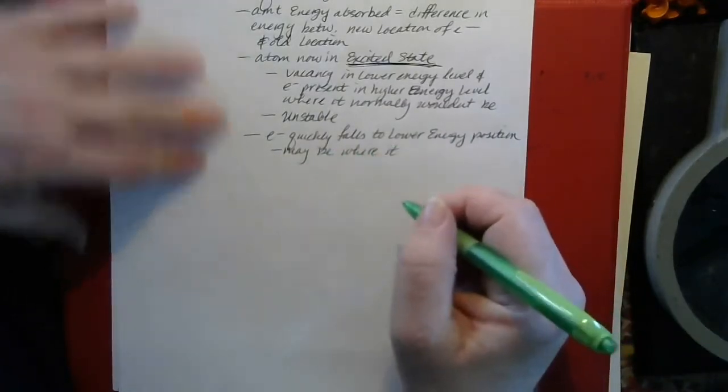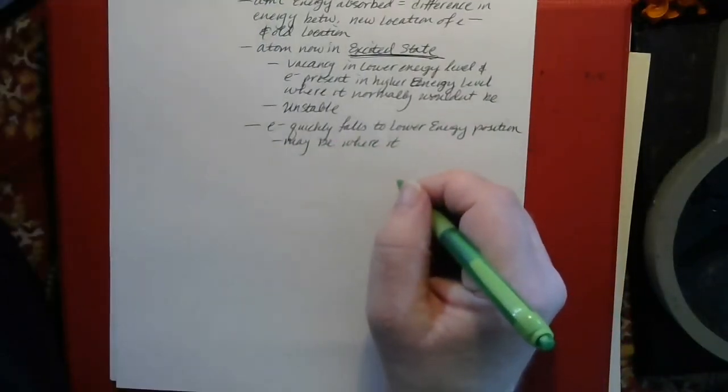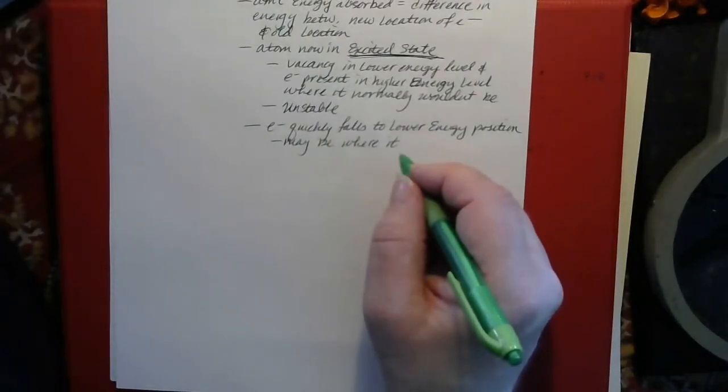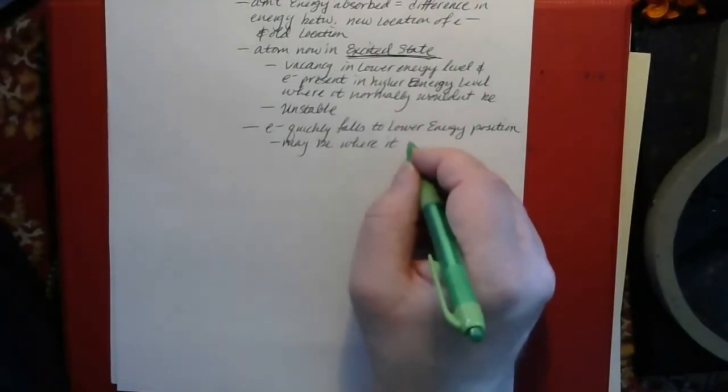That lower energy position could be the location it came from, or it could be a different location, but at lower energy than where it was in the excited state.